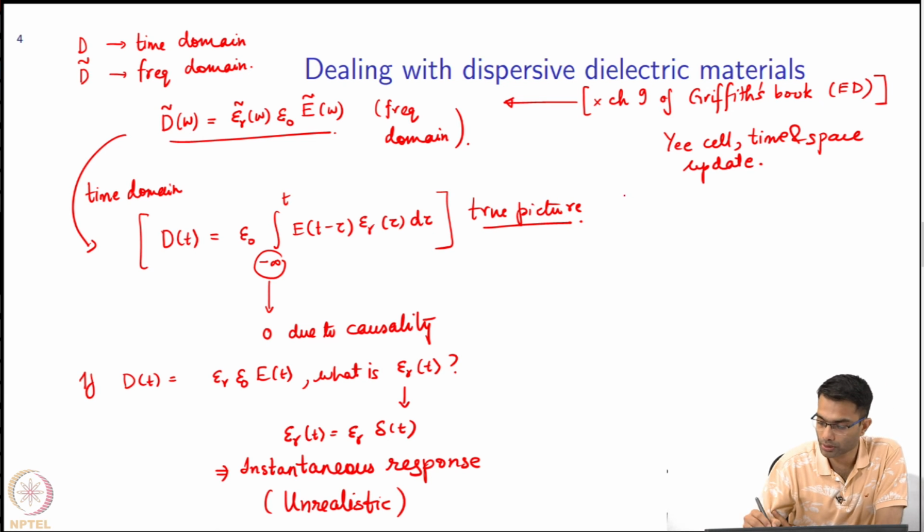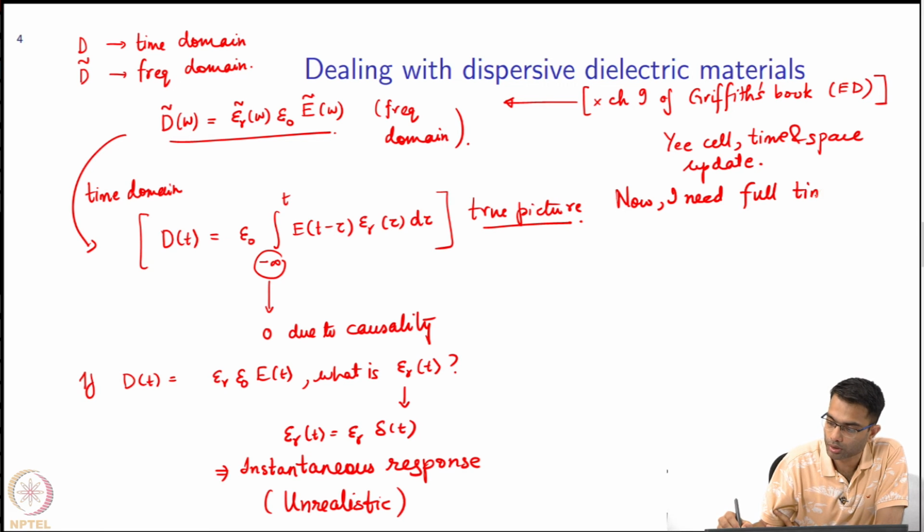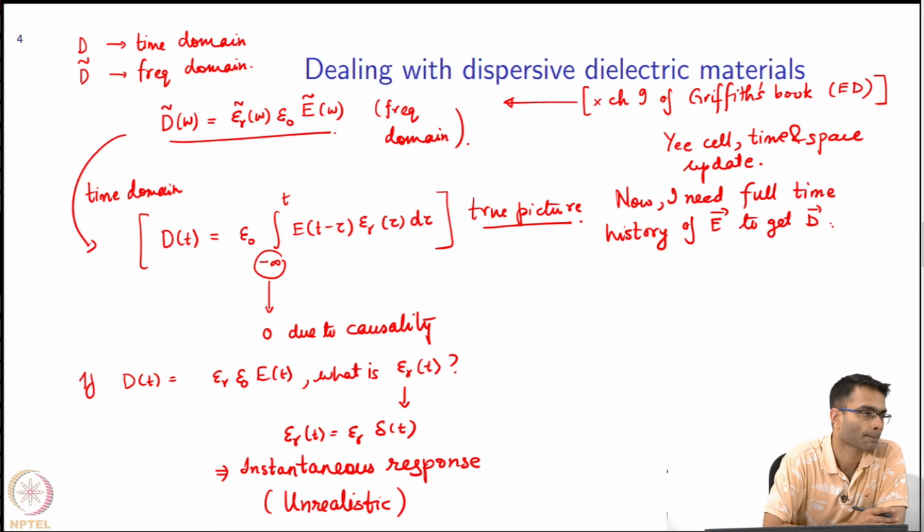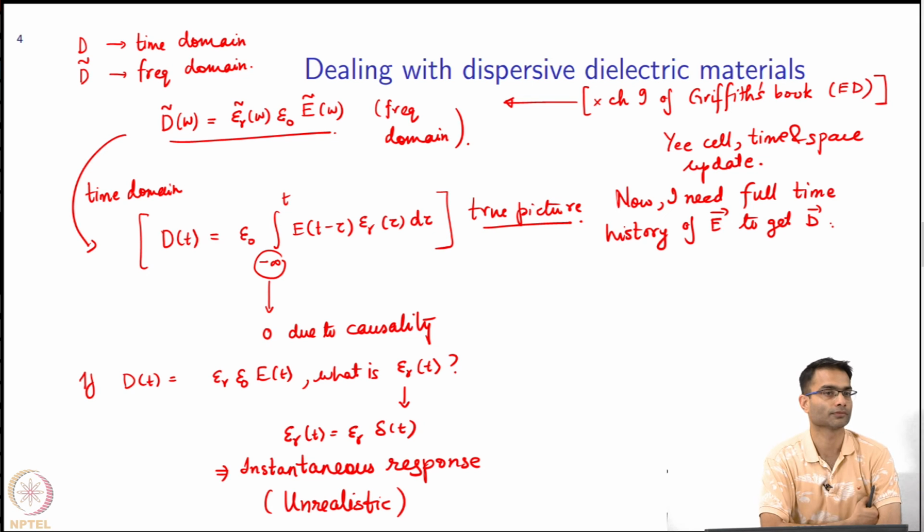So now I need the full time history of the electric field to get the displacement field. If you have some time, you need all of them before. I need everything before. Otherwise, how will I calculate this integral?